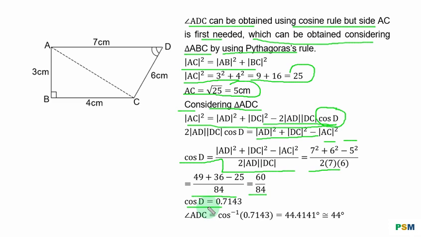To get D, which is equal to angle ADC, you take the inverse of cosine of both sides, and that is 44.4141 degrees. To the nearest degree, you have 44 degrees.